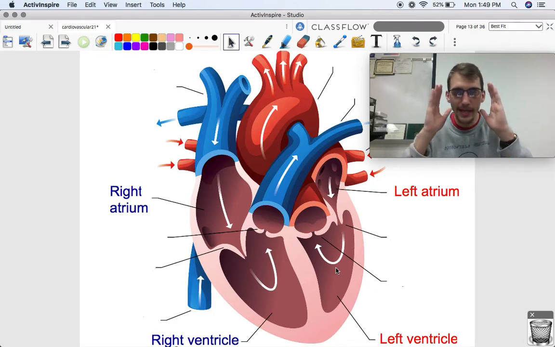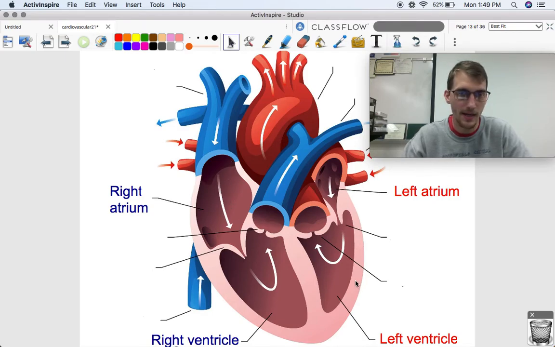Well, you're looking at it as if it's in somebody's body, in anatomical position. So this is their right side, and this is the left side. So there are our 4 chambers. Fun fact, fish have 2-chambered hearts, and reptiles have 3-chambered hearts, but mammals and birds have 4-chambered hearts. So there you have it.